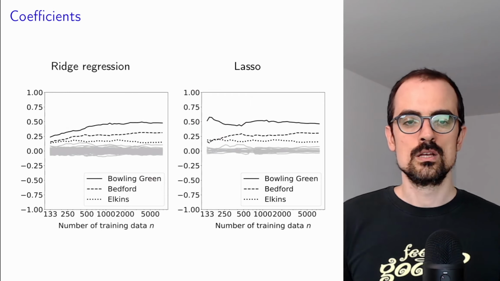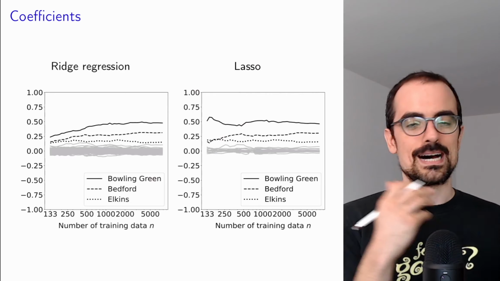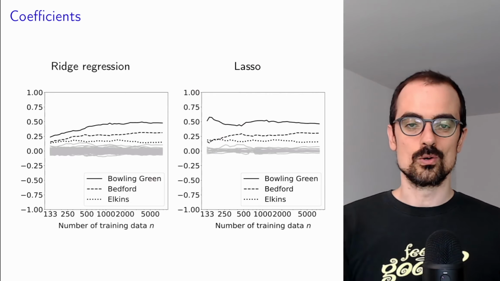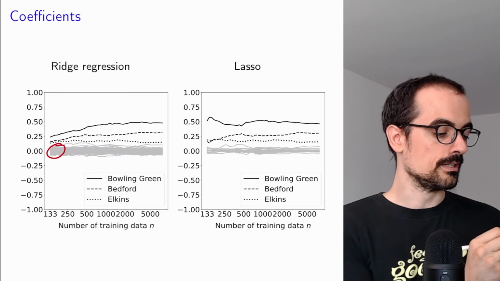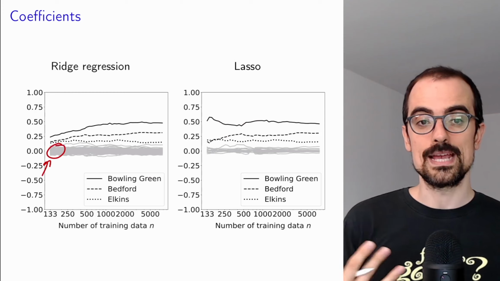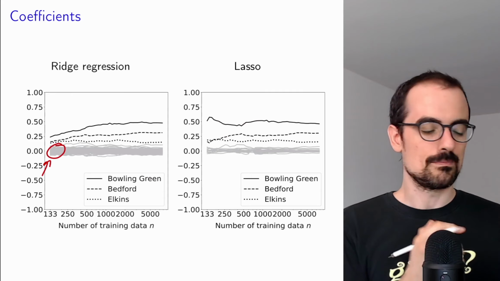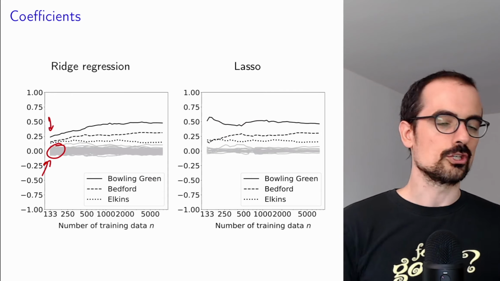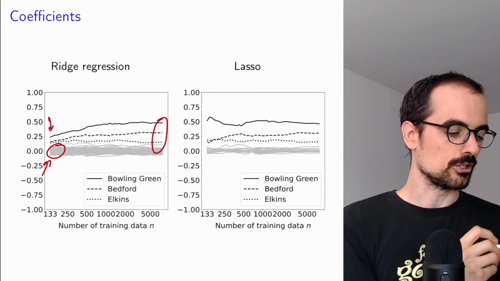If we do this for all the possible numbers of training data, by selecting the regularization parameter using some held out data, we again observe that for ridge regression, many of the coefficients remain. They become small, but they don't become 0. And the geographically meaningful coefficients are not as large as when we have a lot of data.